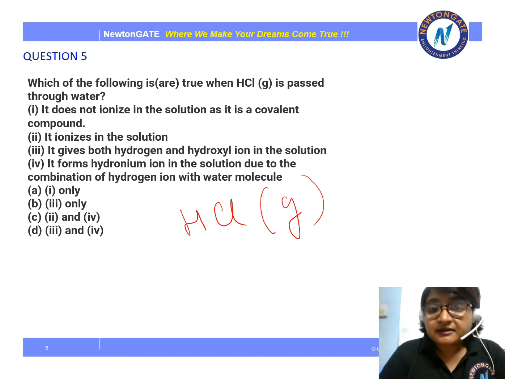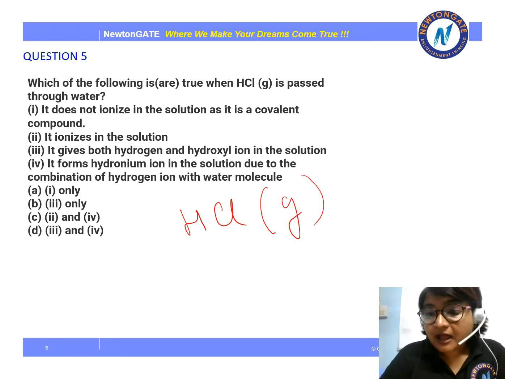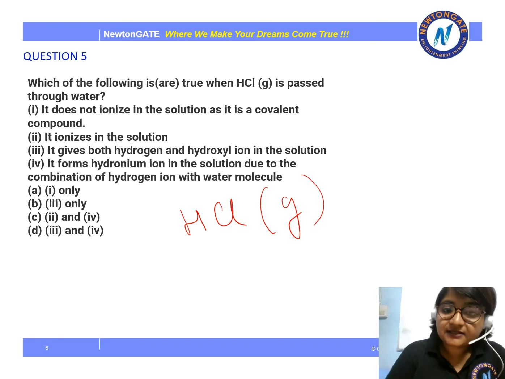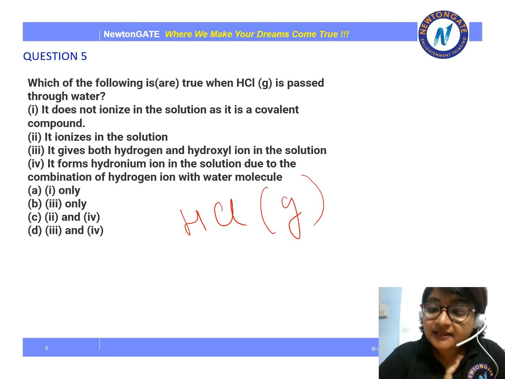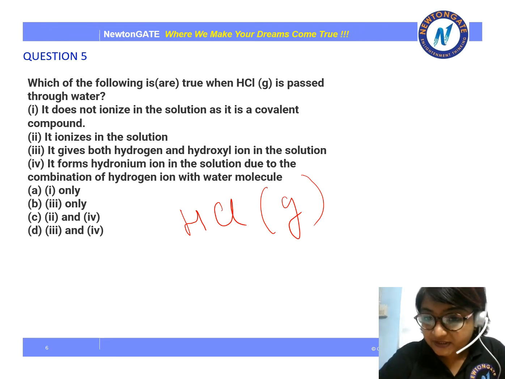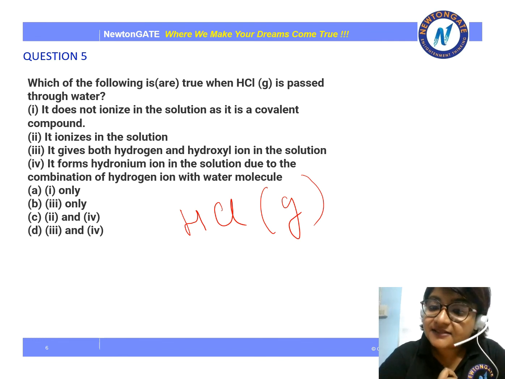But if you mix it with water, then it will form hydrochloric acid. Then only it will have the acidic properties. If it is present as gas, then it has no acidic property.